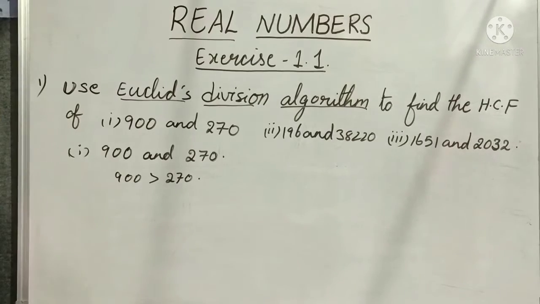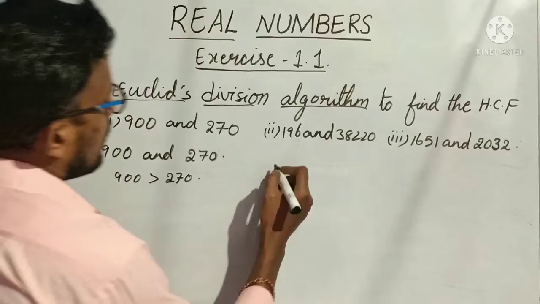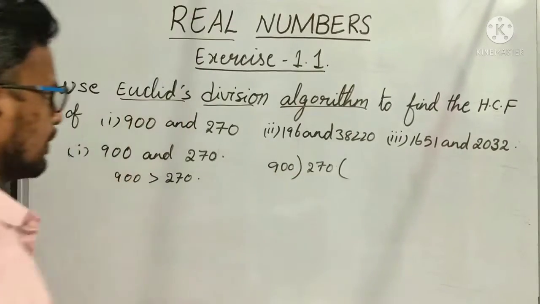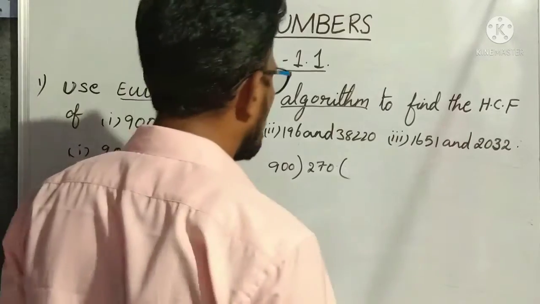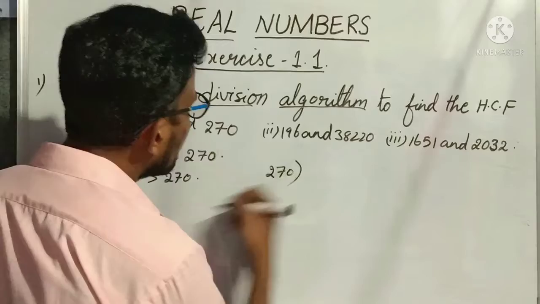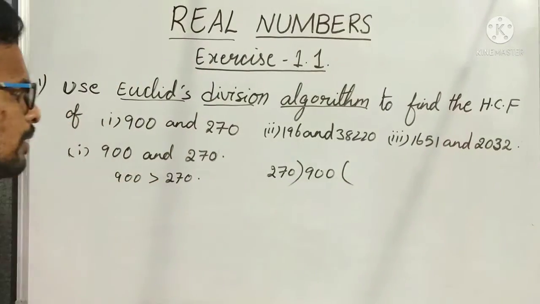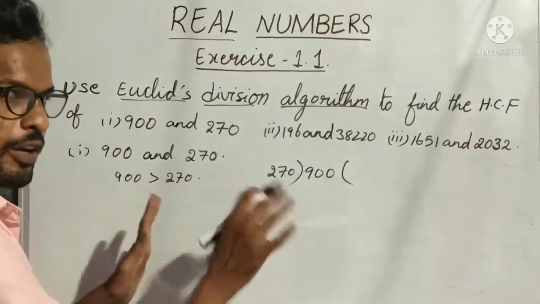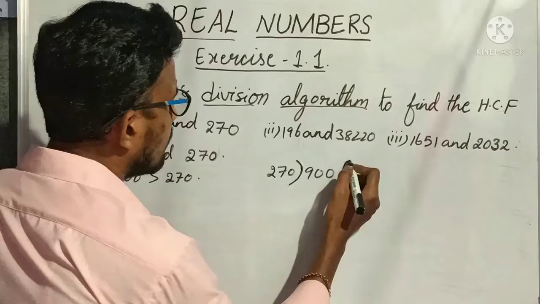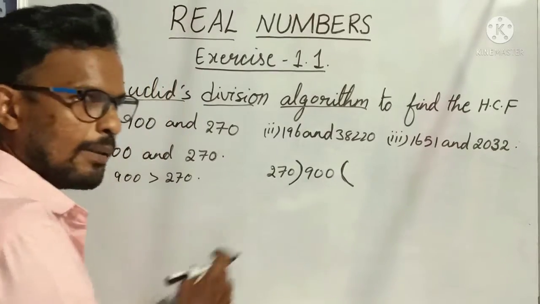So first I have to divide 900 by 270, with 270 in the bracket, meaning 270 is the divisor and 900 is the dividend. Previously whatever I have written was wrong; now it is correct. Always the divisor is the smaller number and the dividend the greater number.